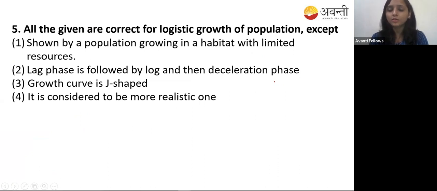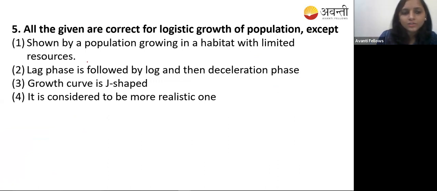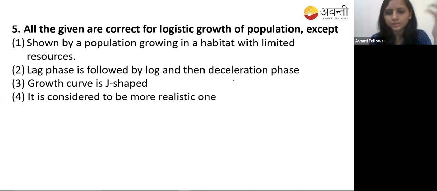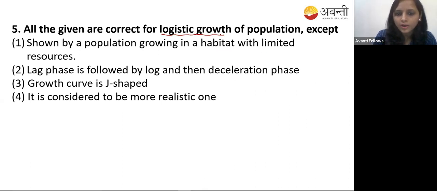Guys, this chapter also belongs to population and interaction. So all the given are correct for the logistic growth. Option 1: shown by a population growing in a habitat with limited resources. You know about the logistic growth, right?